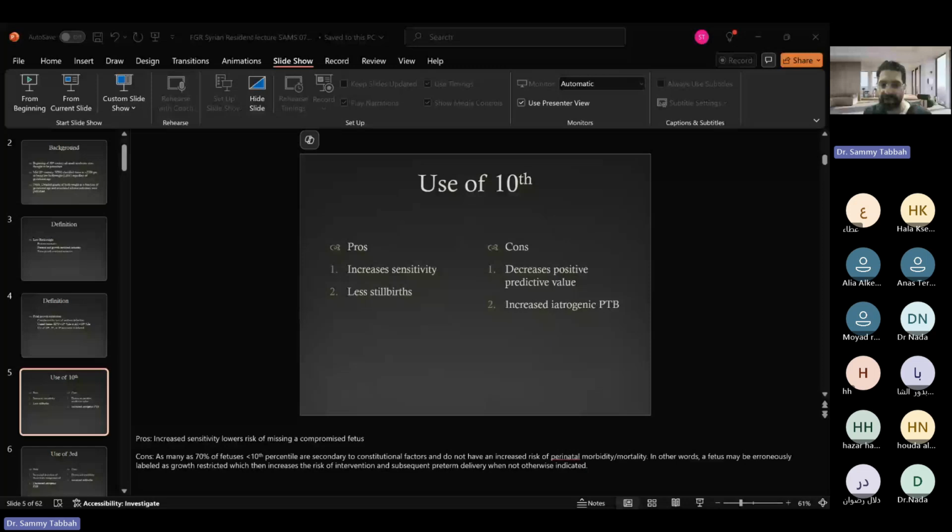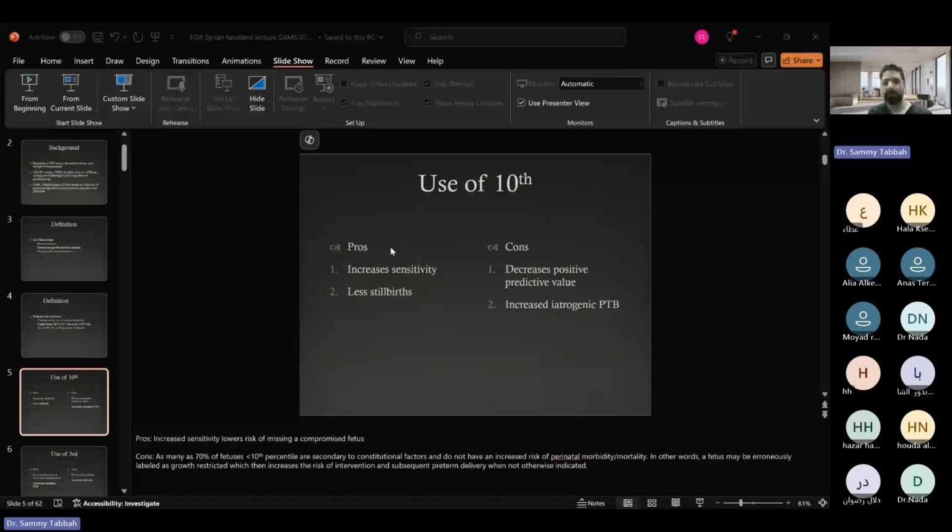However, it can miss babies who are growth restricted above the 3rd percentile, and therefore you increase the risk of stillbirths, or babies dying inside the womb before birth, because they're not being monitored adequately.